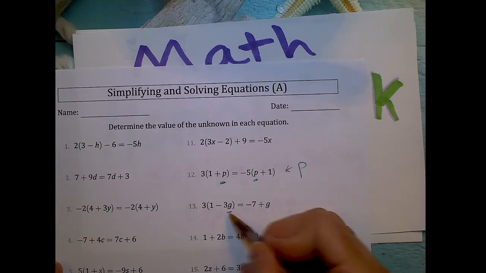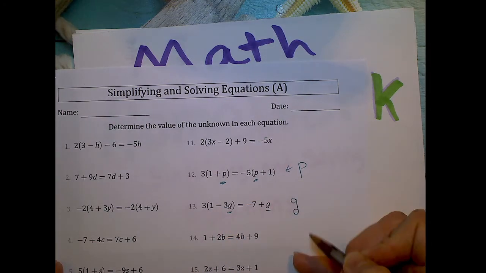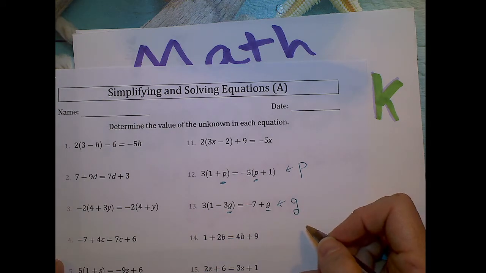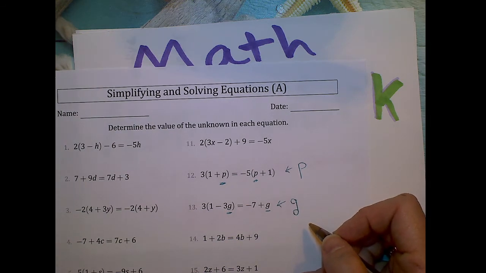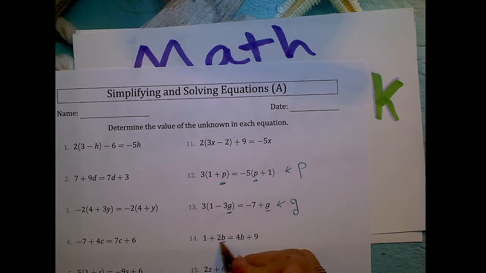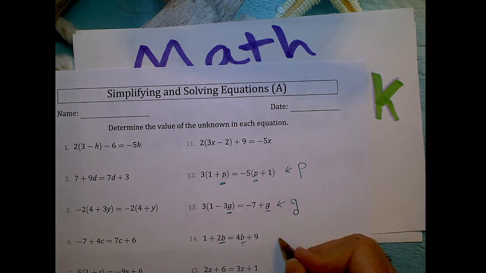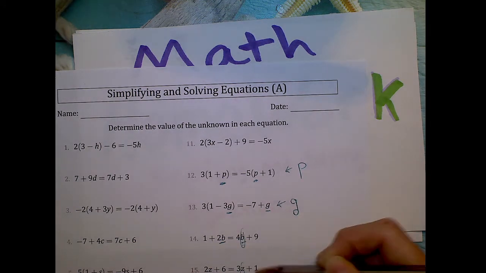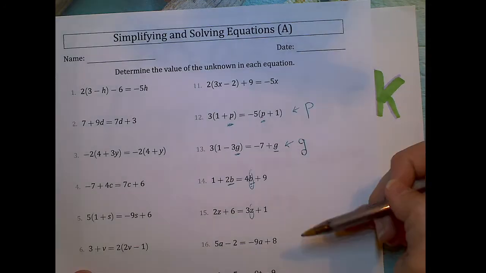And in this equation, the variable is the letter g. These are called variables. It's an unknown. And when we say solve the equation, that means we're figuring out what this variable must be to make this equation true. So whatever the letter is in the equation, that's what we're going to solve for.